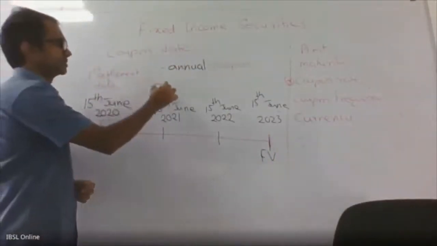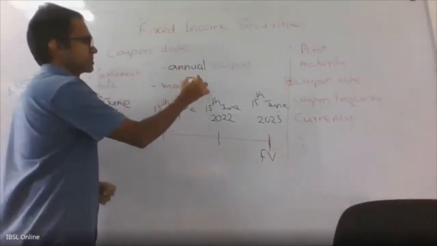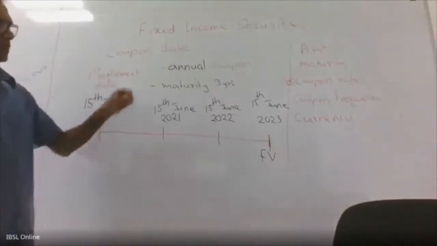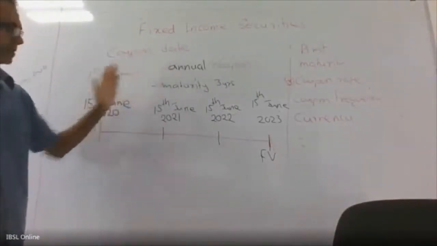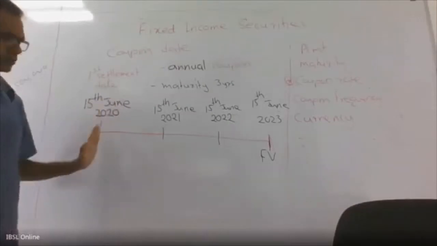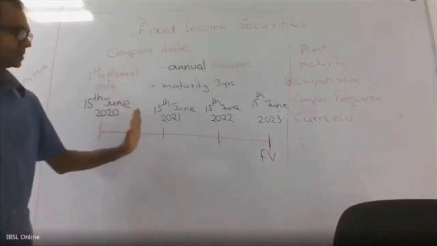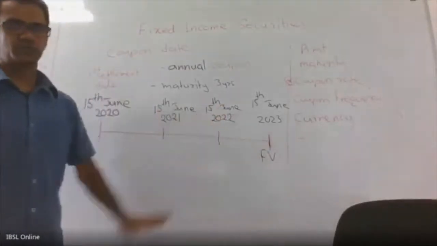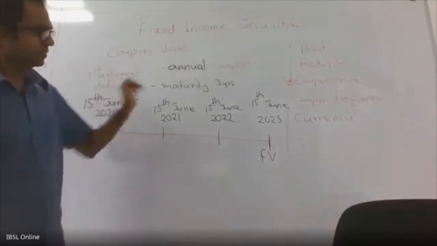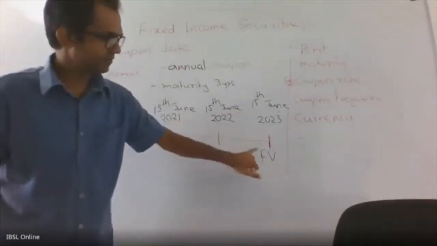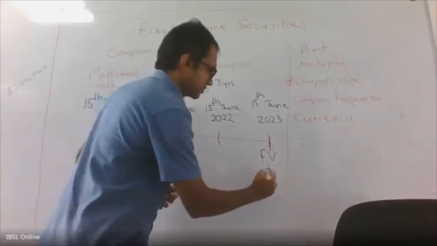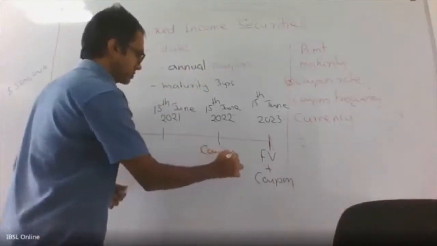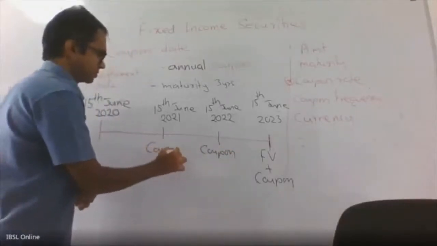If the maturity is 3 years, the coupon frequency is annual, and the bond is settled on 15th June 2020, you will receive 3 coupons, one every year on 15th June, and at the end of the 3-year period you will get the face value plus the coupon.